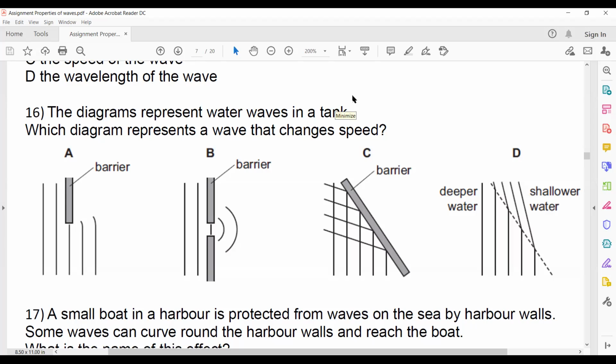A, B, C, or D? Yeah, it is D, because as the wave travels from deep to shallow, in a deep region the wave is moving faster. In a shallow region, the wave is moving slower.